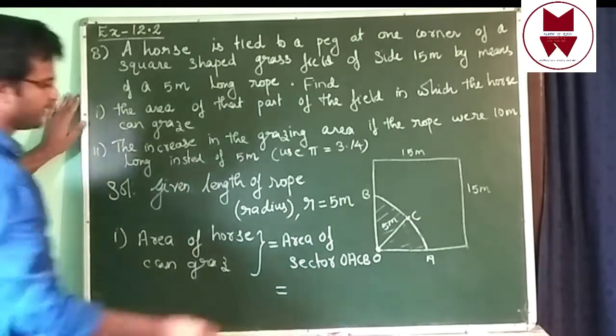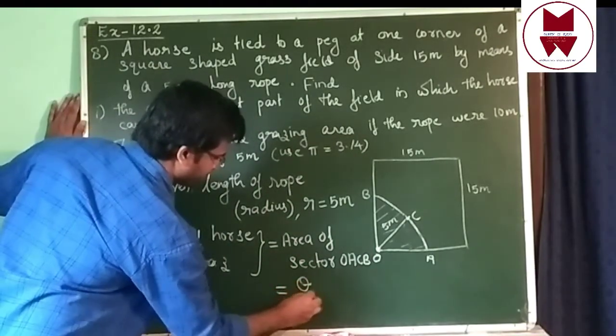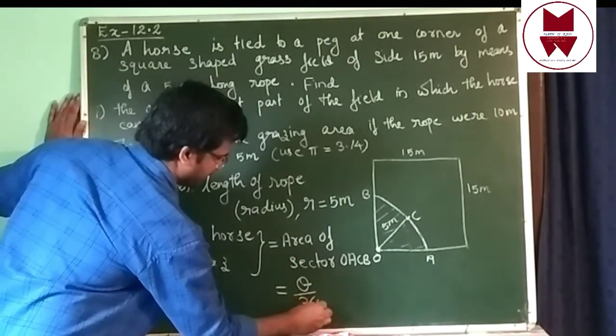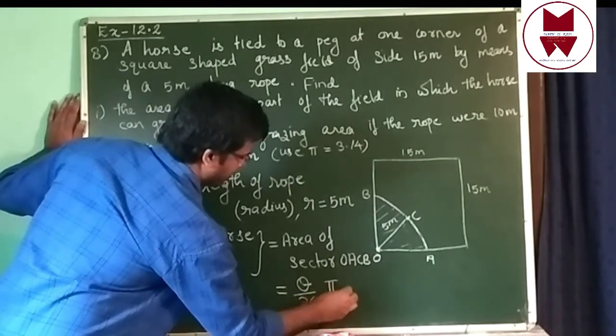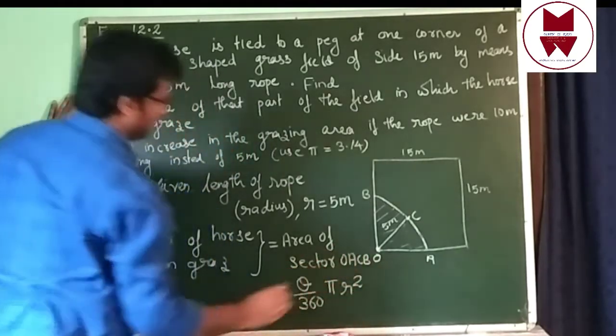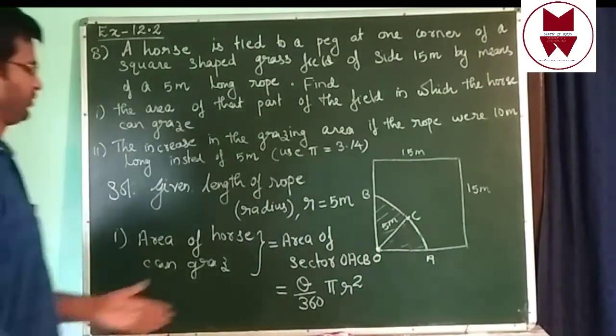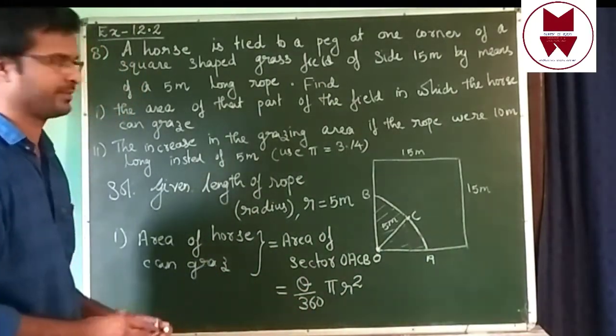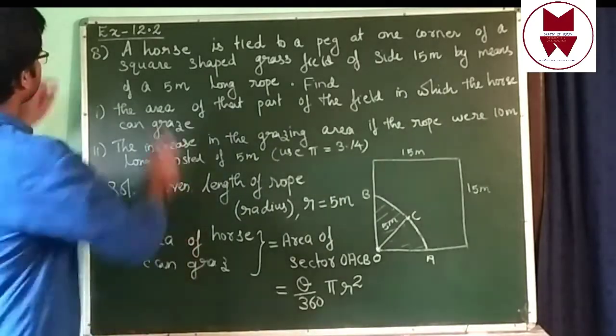One formula we studied is theta by 360 into pi r square. This is the area of a sector, so you can write theta by 360 into pi r square.